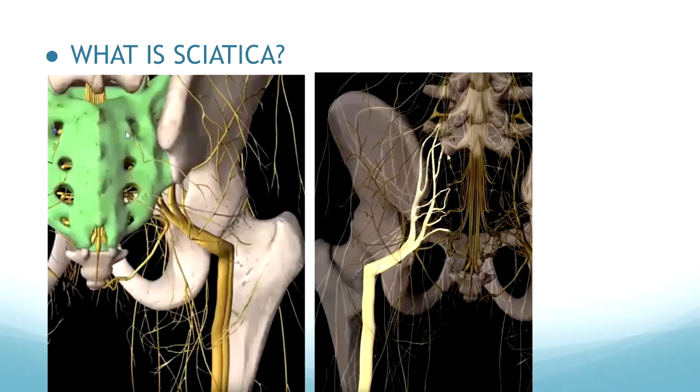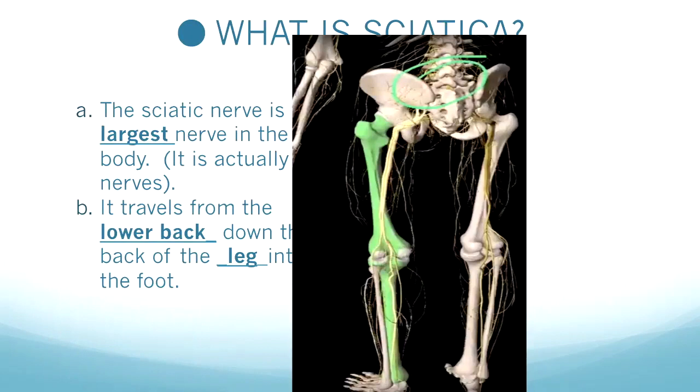And then coming out of that sacrum, that green area again, S1, S2, S3, you have those small little nerves that come out of your spinal cord there and then form into a really big, thick nerve that travels all the way down your leg.